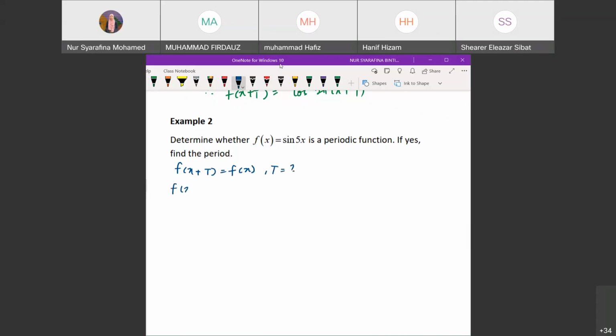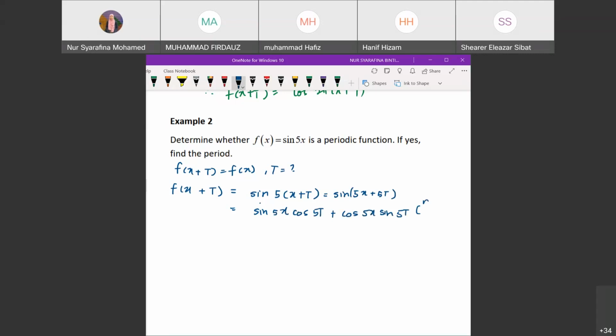So f(x) is given by sine 5x, then f(x+T) is sine 5(x+T), which by identity can be written as sine 5x cos 5T plus cos 5x sine 5T.